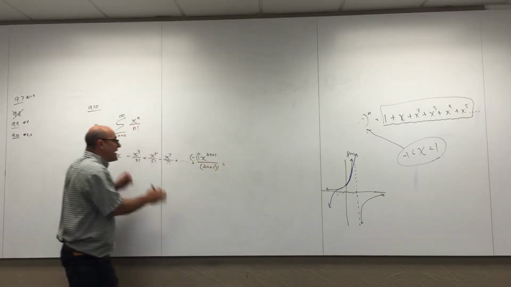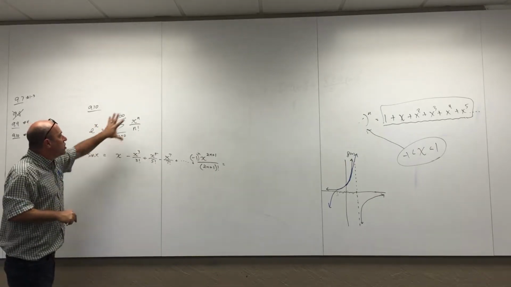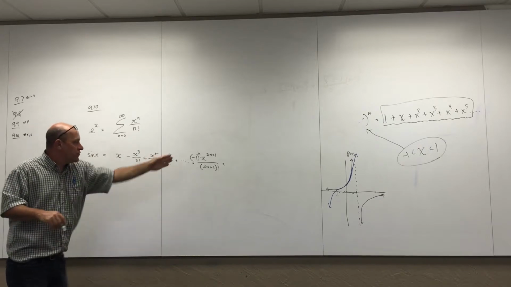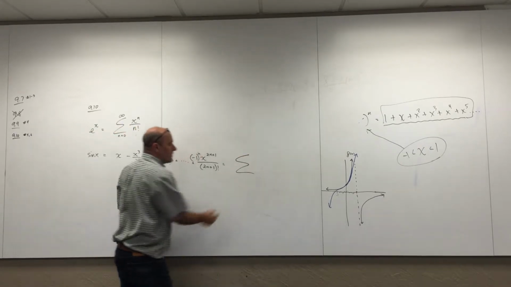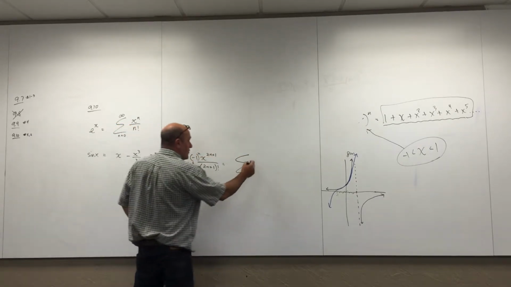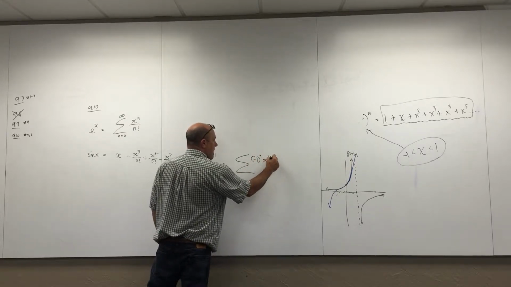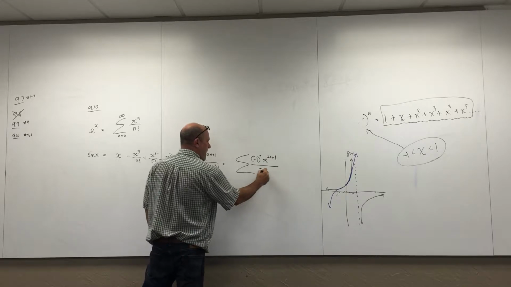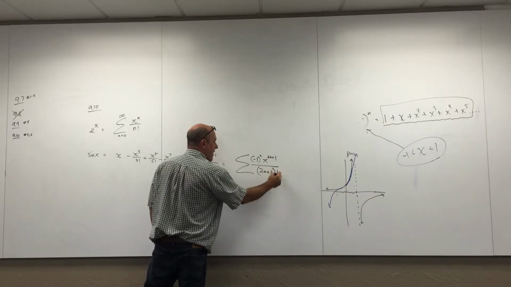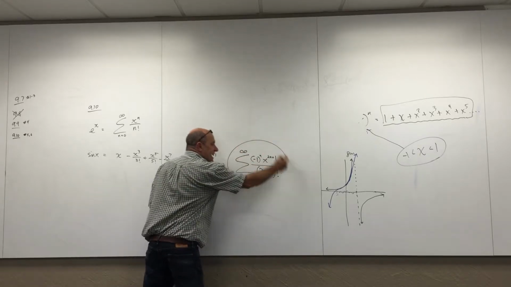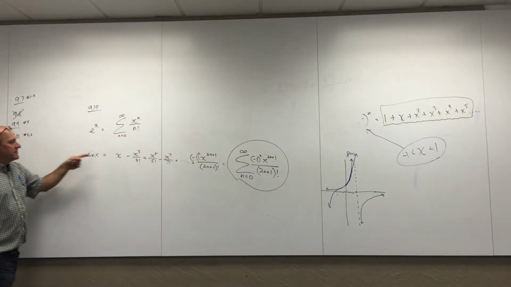If you were trying to write it in what I might call closed form, summation notation, then what would you write? You'd write your nth term, wouldn't you? So guess what that is? Sine x.